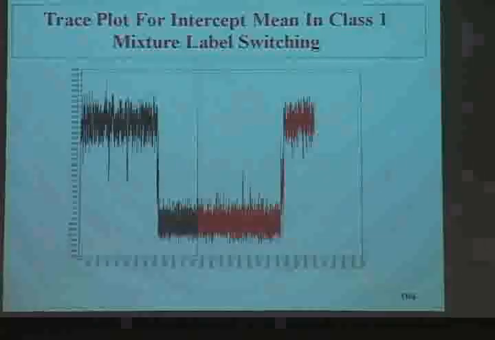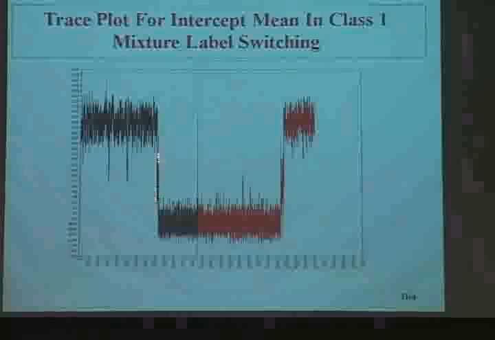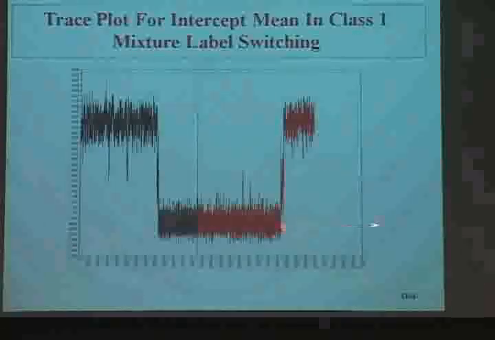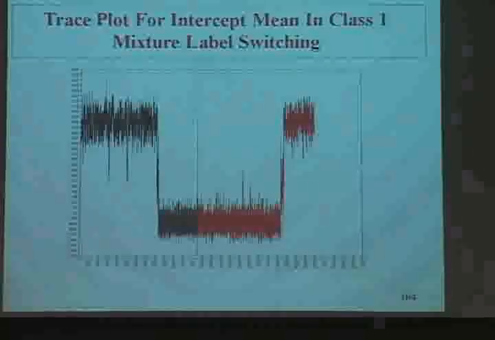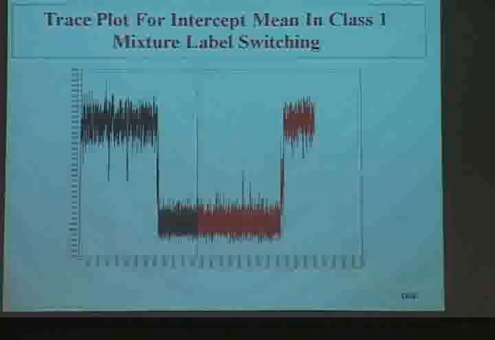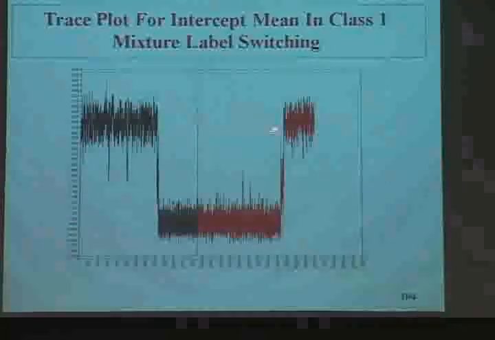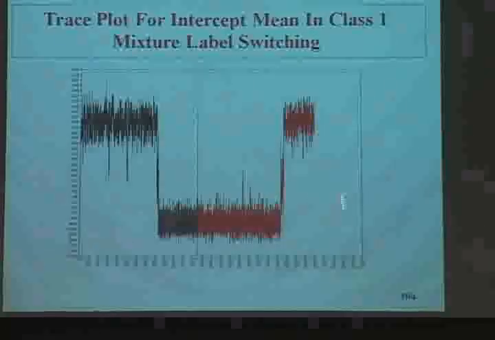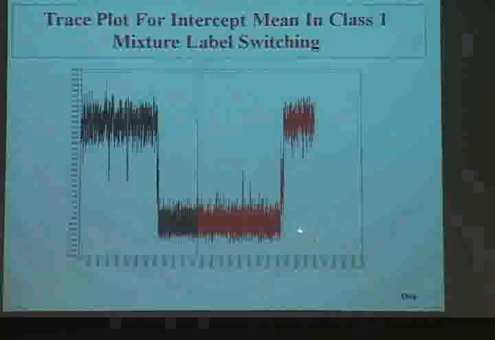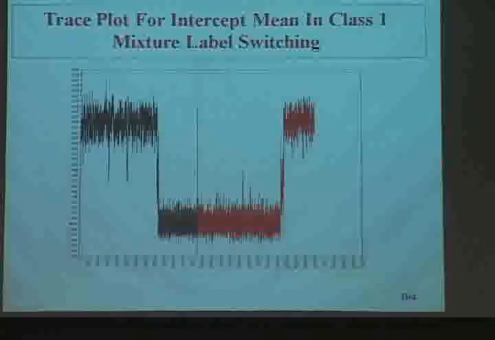And you're going to look at the same intercept in the second class. And you know what's going to happen there? It's going to be the total opposite. It's going to be here, and then it's going to go up here. And that's how you're going to recognize that these two parameters flipped. And not only did they flip, they basically flipped the entire classes. So that will indicate to you that you really need to use this parameter as the one that needs the model constraints to identify uniquely the two classes.